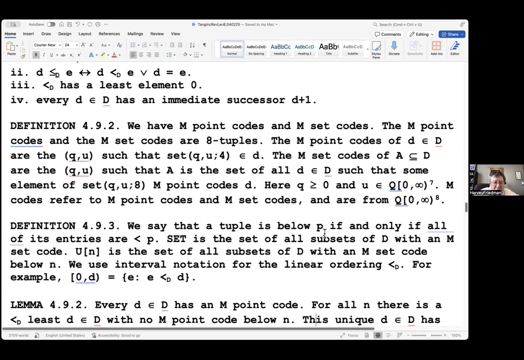The M set codes of A contained in D are the 8-tuples such that A is the set of all D in D such that some element of the set endpoint codes D. See, we ratchet it up, to go from codes for points to codes for sets of points.